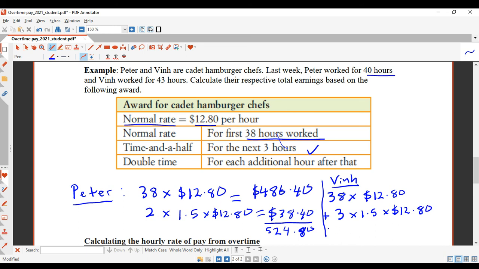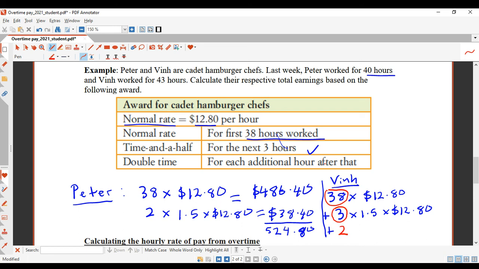Altogether so far, he's worked 43 hours, but we've only actually covered 41 of those hours. So 38 hours there and 3 hours there. So he's got 2 more hours that he works.